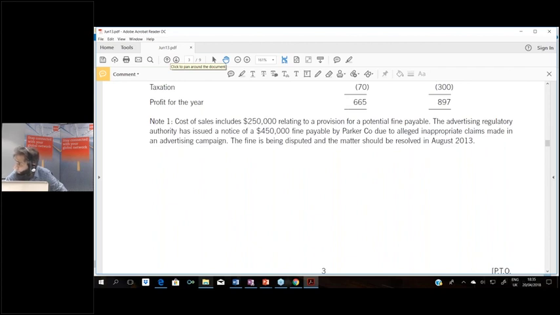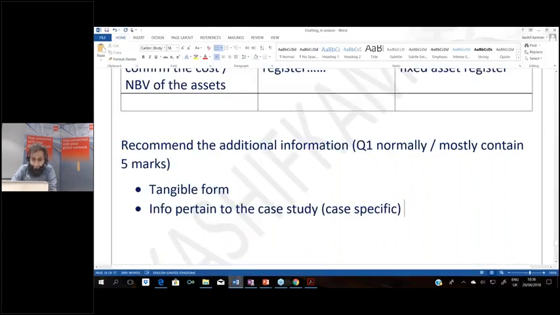So if I'm reading this question, June 13, and I'm reading the advertising regulatory authority has issued a notice, this notice will become an additional information for me, right? So I'll go back to my Word file and I'll say number 1, notice from the regulatory authorities.